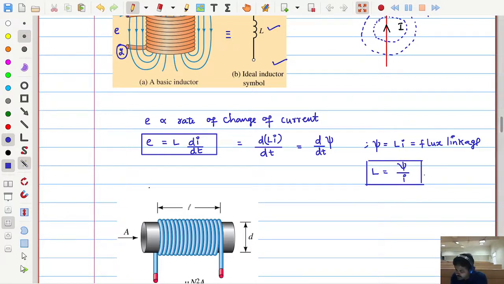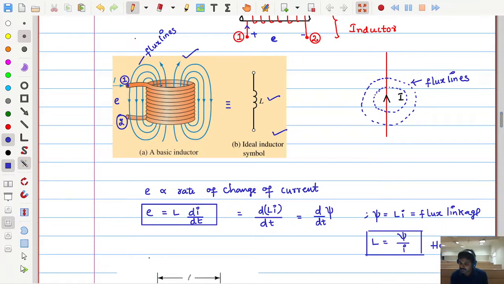The unit of inductance is the henry. Usually we represent it with the symbol H. So this is the basic definition of the inductance. So what does the inductor do basically? Try to understand in this way. It tries to oppose the change in current. What does the current do? It establishes the flux.